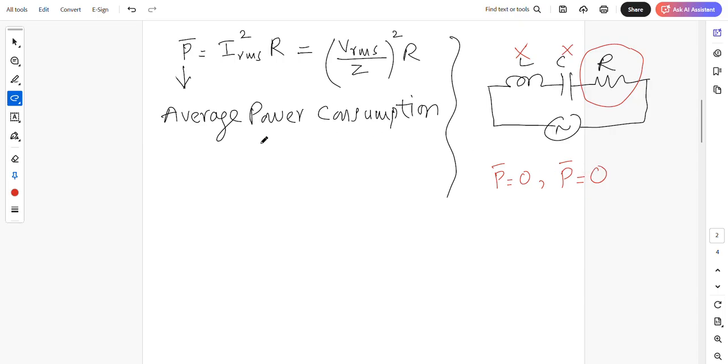The average power consumption is due to only the resistance present in the circuit. That is given by this. I hope you understood all these formulae.